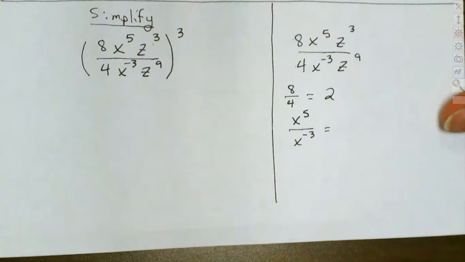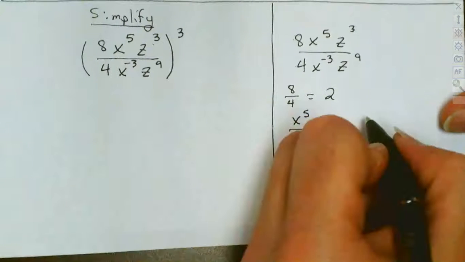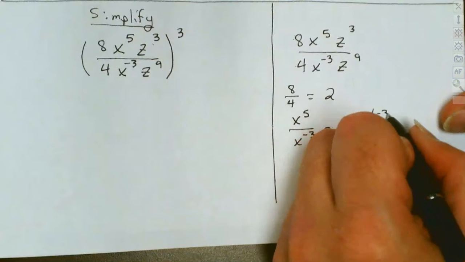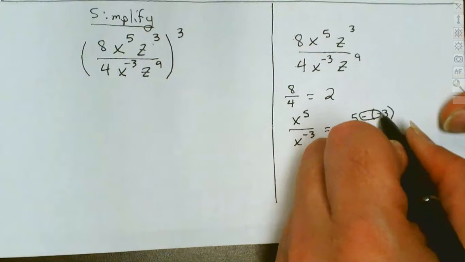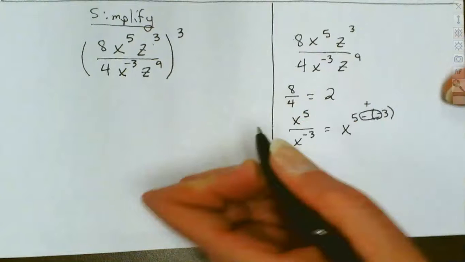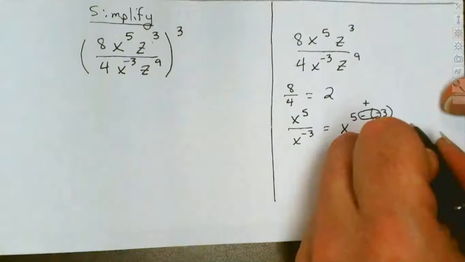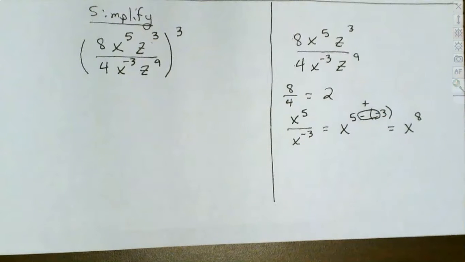When we go to divide these subtract, and watch out for double negatives. So that gives me x to the 5 minus a minus 3. And what do we know about the double negative here? Makes that positive. So the x part comes out to be x to the what? 8th. Okay, so there's that piece.